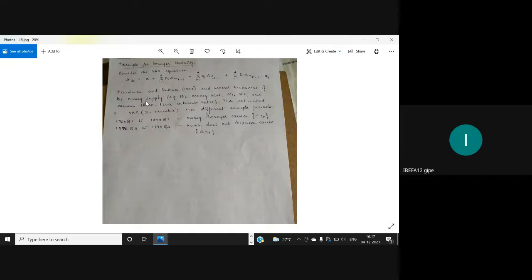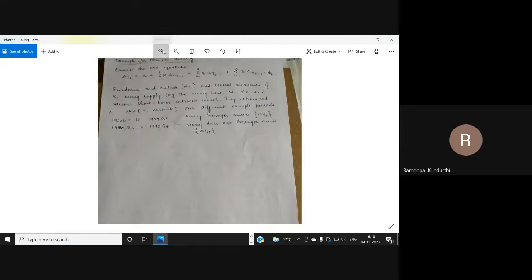Or do past values of GDP actually help us to predict future values of the money supply? And then you can see what is the result from your Granger causality test. So these sort of things are usually done. You'll have multiple equations like this, especially after estimating VAR models, usually a Granger causality test is conducted.